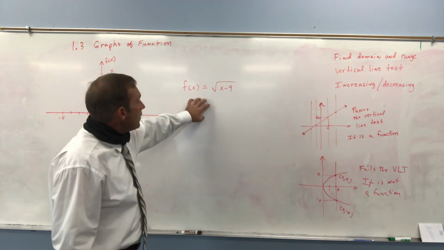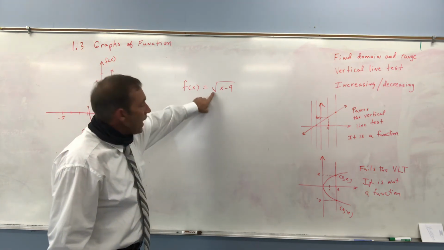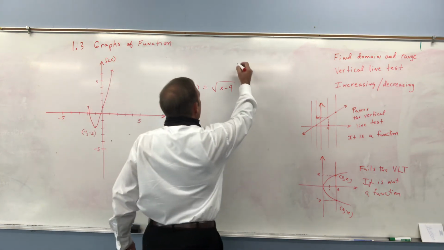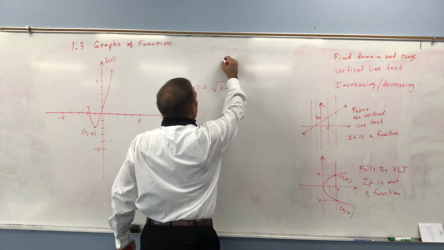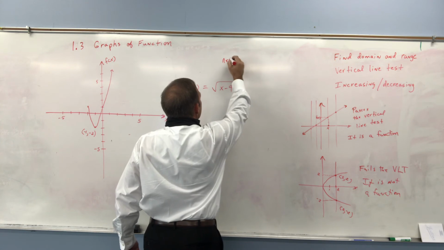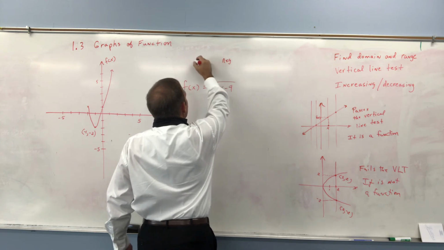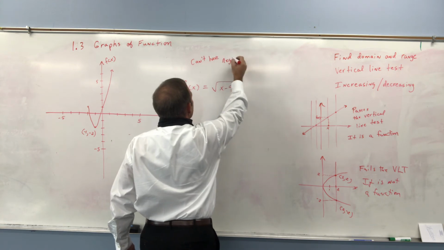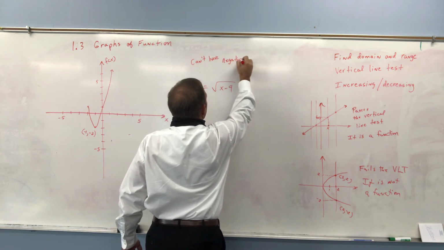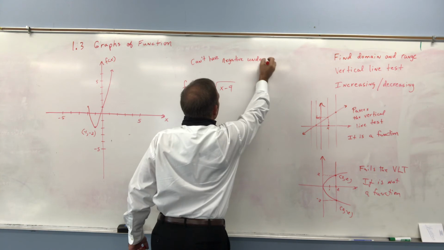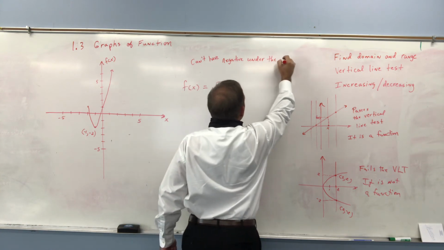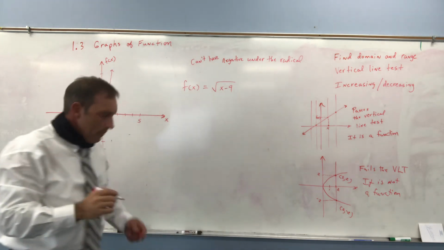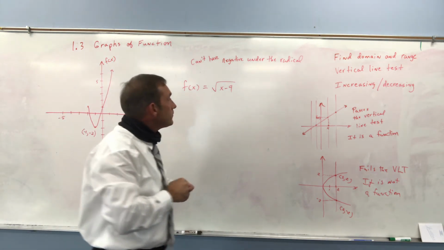But in this particular problem, it's got a radical in it. And one thing that we know is we can't have a negative under the radical. That's the mathematical fact that's going to be really important in this problem.